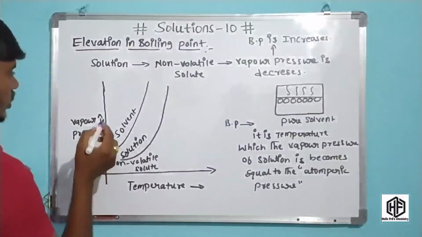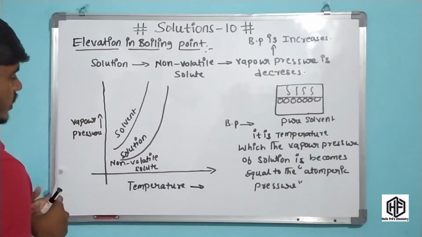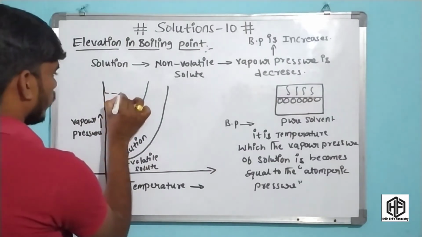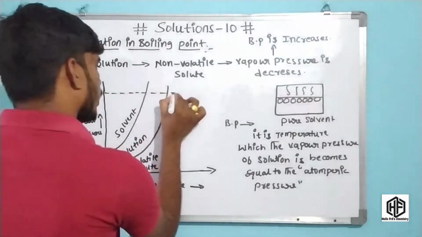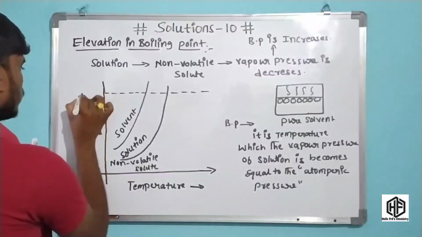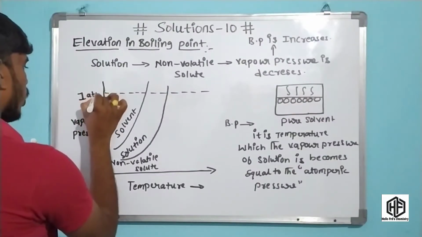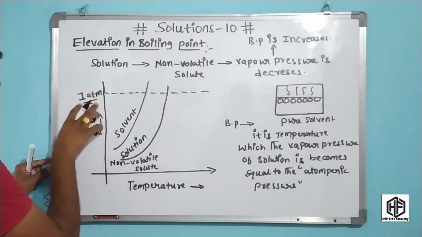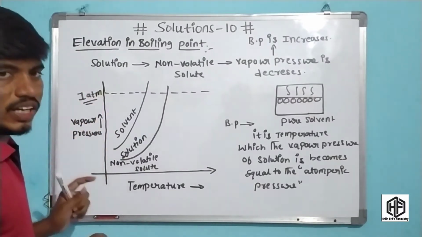Atmospheric pressure is 1 atm. Once we cross that 1 atm pressure, we can find the boiling point. Atmospheric pressure is represented in this graph as 1 atm. When the vapor pressure of the solution is equal to this atmospheric pressure, that is called the boiling point.